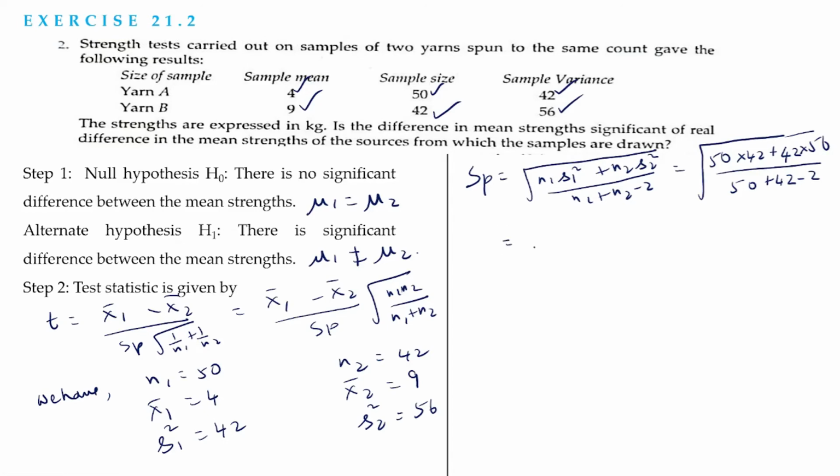So this is equal to root of 2100 plus 2352 upon 90. So it is equal to 4452 upon 90, or when we simplify and take root, we get this as 7.03.